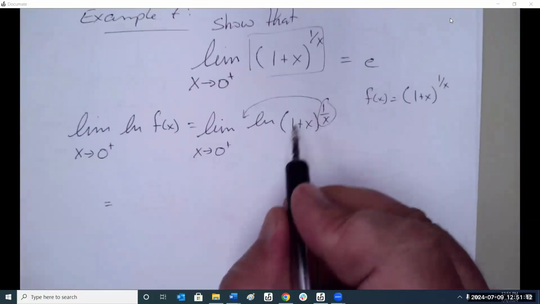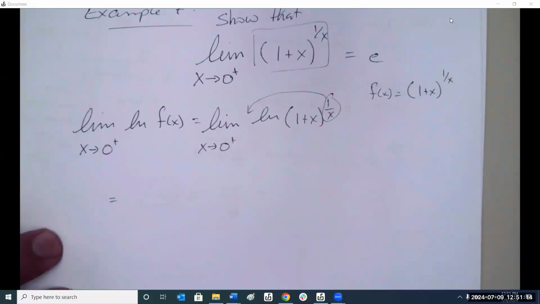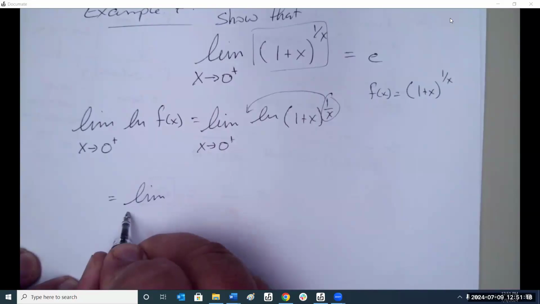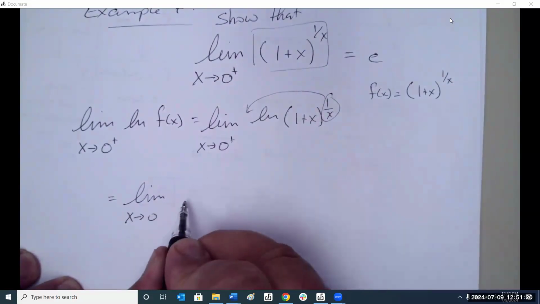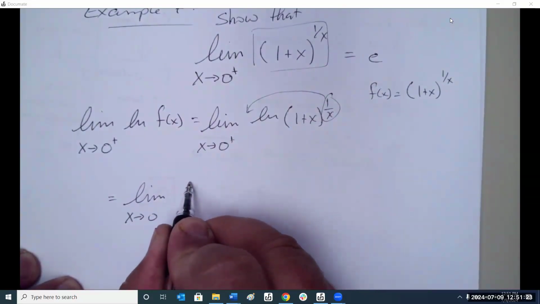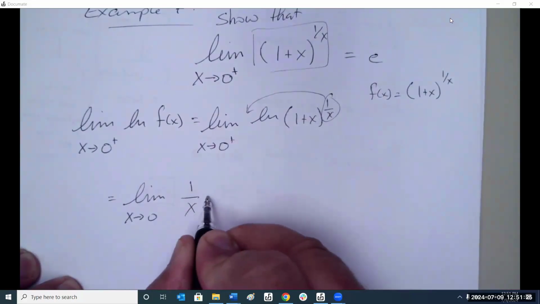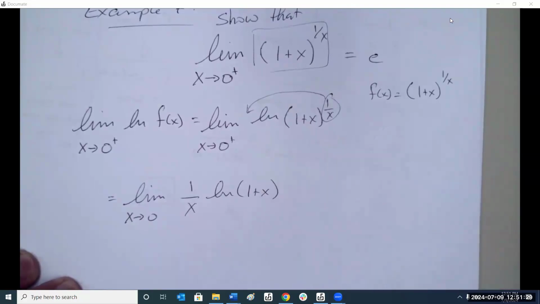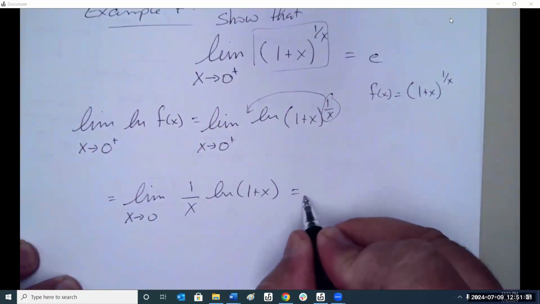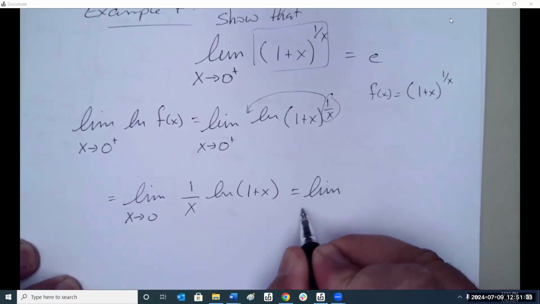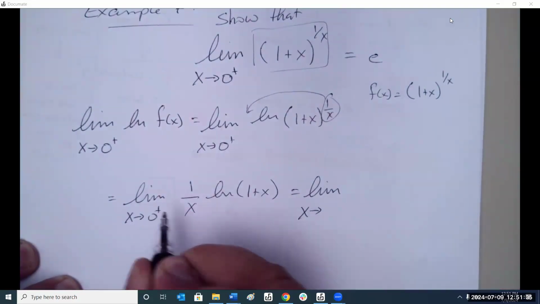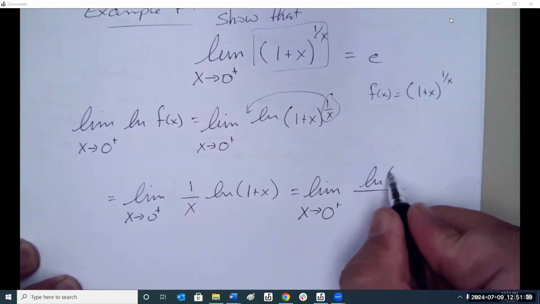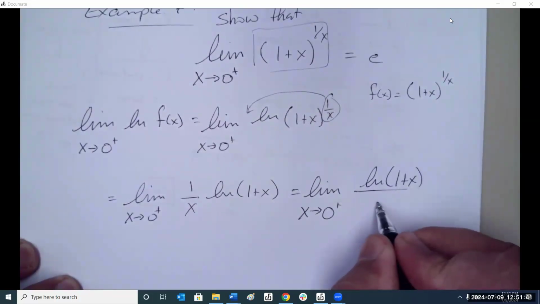So now what we have is the limit as x approaches 0 of 1 over x ln 1 plus x, this is from the right only, which gives us ln of 1 plus x over x.